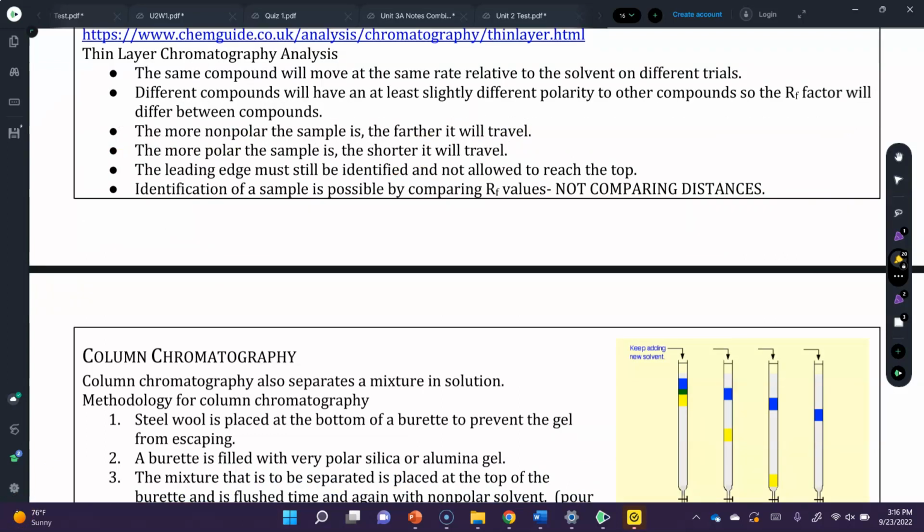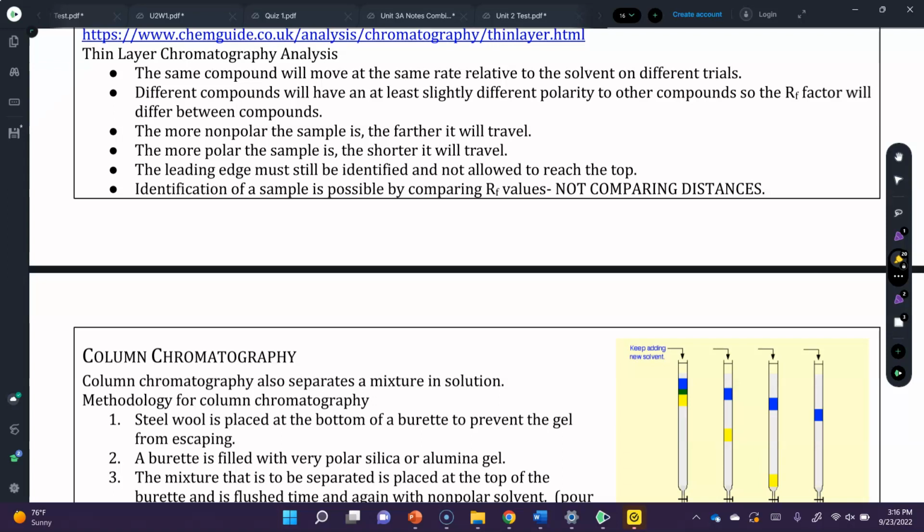Thin layer chromatography analysis: the same compound will move the same rate relative to solvent on different trials. So that's similar to paper chromatography. Different compounds will have at least a slightly different polarity to other compounds, so the Rf factor will differ between different compounds.